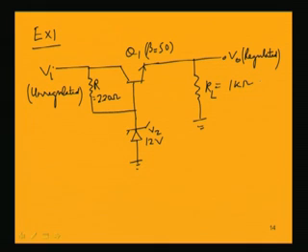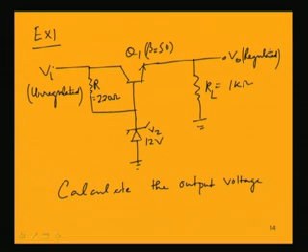Now for this voltage regulator circuit, you are asked to calculate the output voltage V0 and the Zener current.